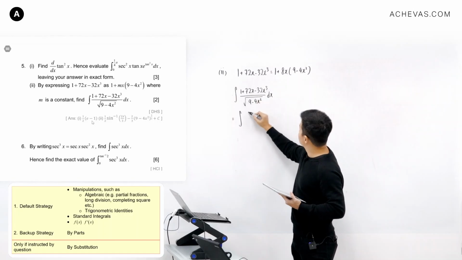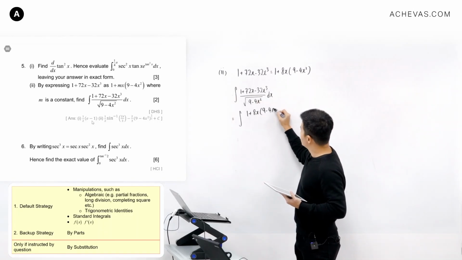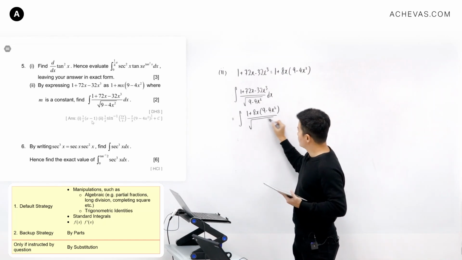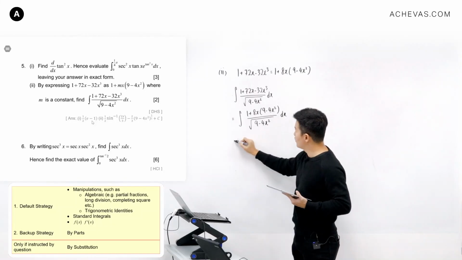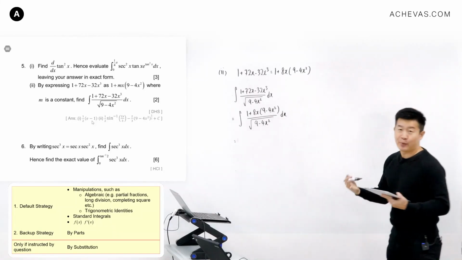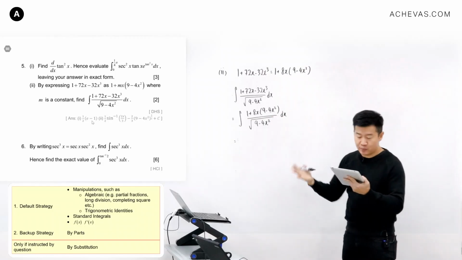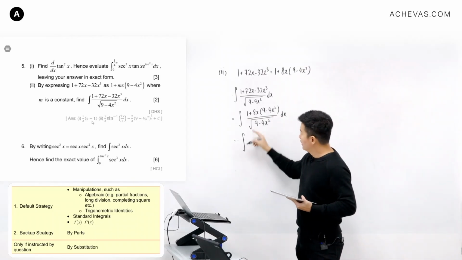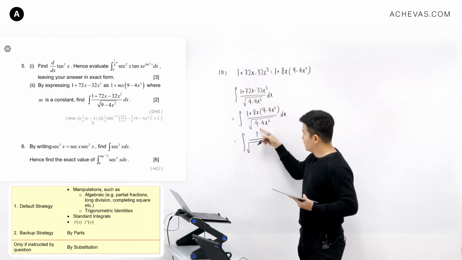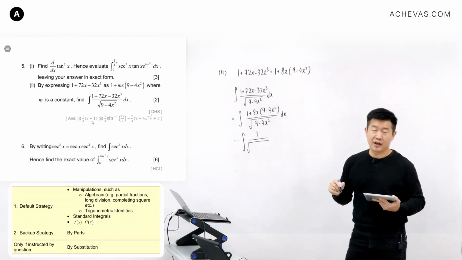And so I'm going to replace this with 1 plus 8x times 9 minus 4x squared, divided by the square root of 9 minus 4x squared. So I can break this fraction up into 2 parts. One is this divided by this, and the other is divided by 9 minus 4x squared.